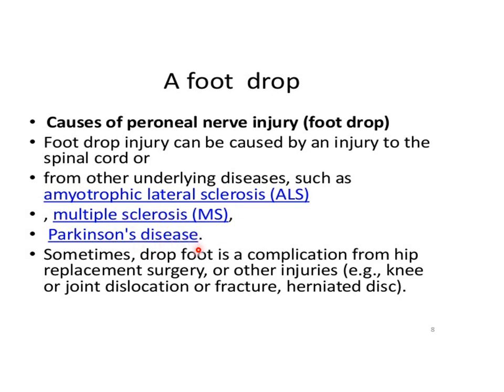Then Parkinson's disease. So these are the underlying causes of the foot drop. Sometimes the foot drop is a complication from hip replacement surgery or other injuries, for example knee or joint dislocation or fracture or a herniated disc of the vertebral column. So these are the causes of the foot drop.